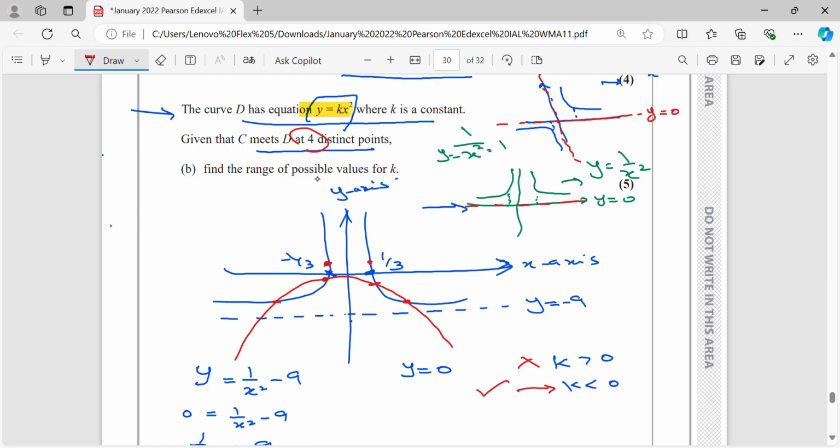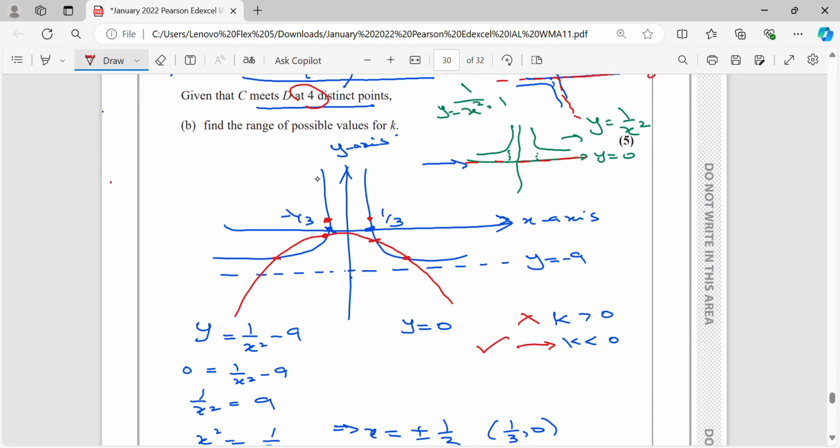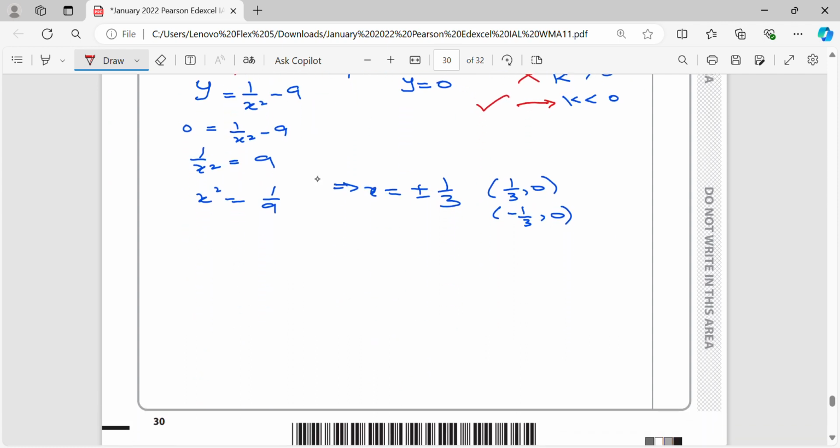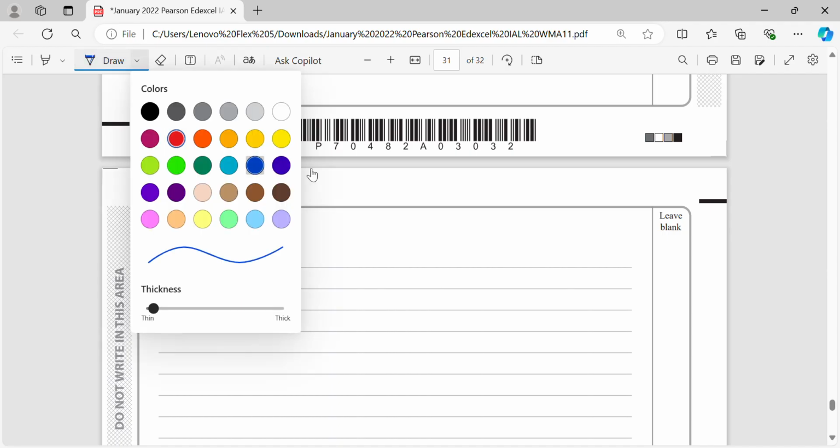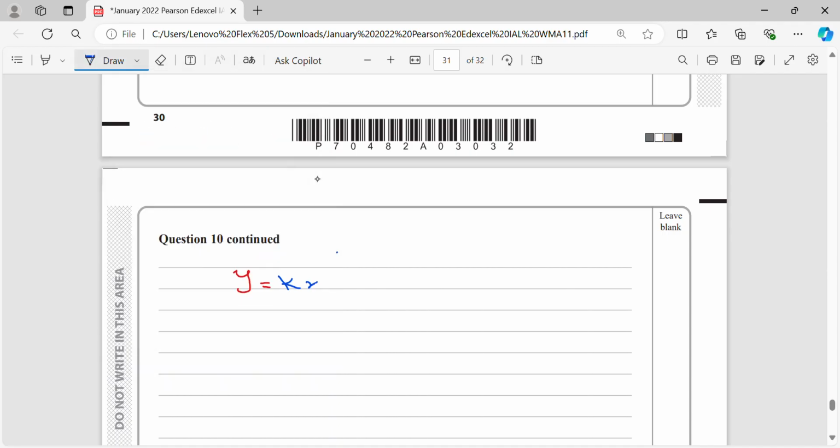Okay, because a quadratic equation and a quadratic reciprocal meet each other, I have to solve these two equations: y equals kx squared and y equals 1 over x squared minus 9. We solve these two equations simultaneously and I replace y with its value, 1 over x squared minus 9.